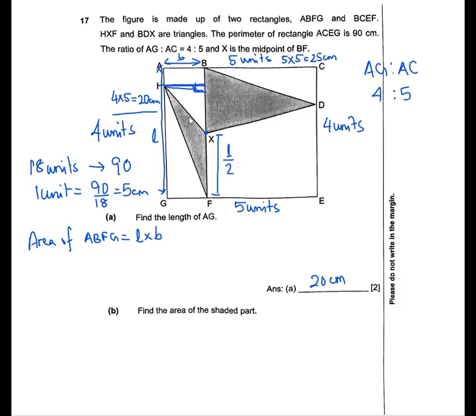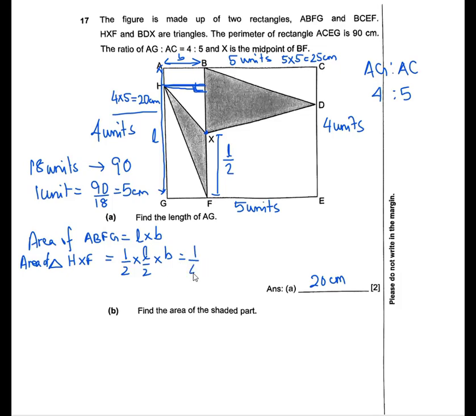So area of this triangle, that is HXF, is going to be half times the base, which is L by 2, times height, which is B. So if you look at it, 2 times 2 is 4.